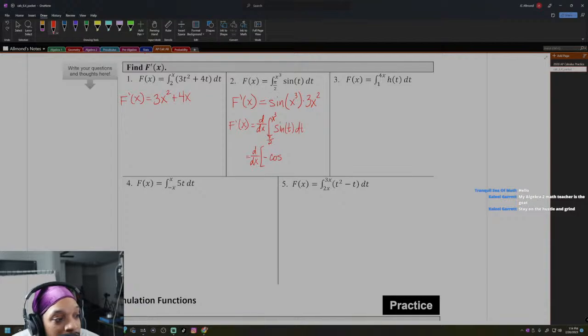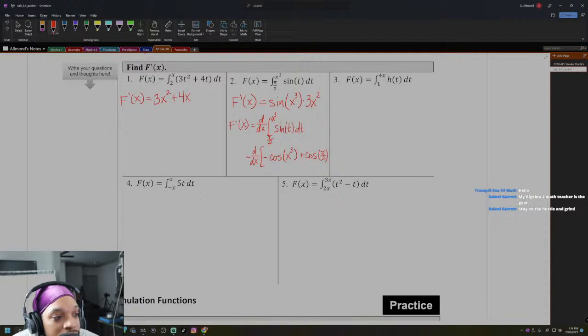And remember how we do the f of b? So this negative cosine is like our capital F, or our lowercase f in this case, based on what they called it. But the f of b minus f of a is what I'm trying to say. And in this case our b is x cubed. And then we're going to go minus a negative cosine, which is really plus cosine of pi over 2.